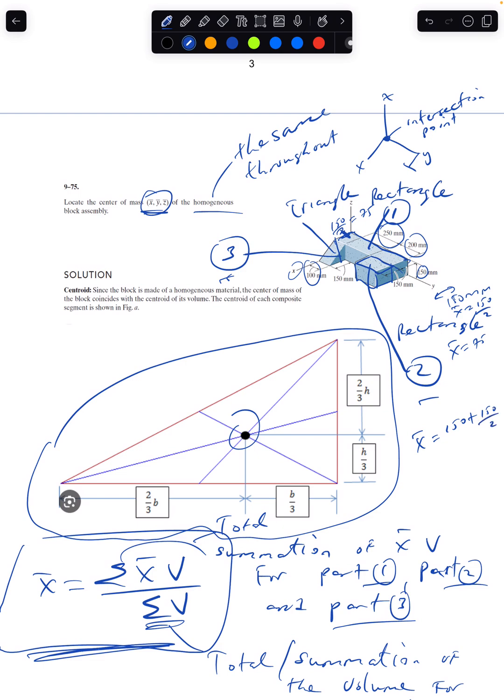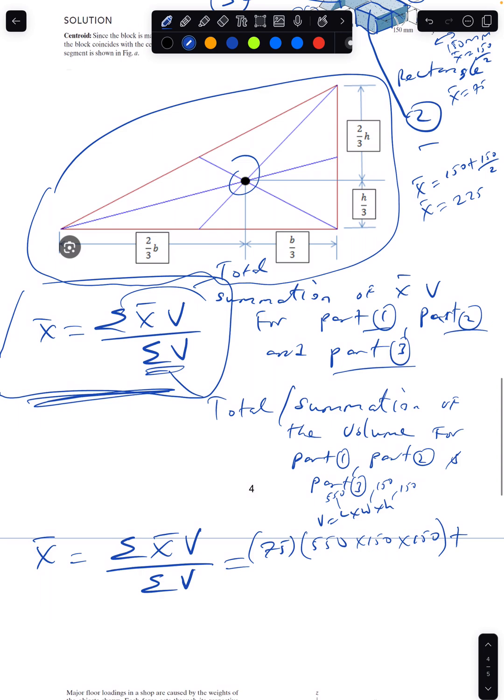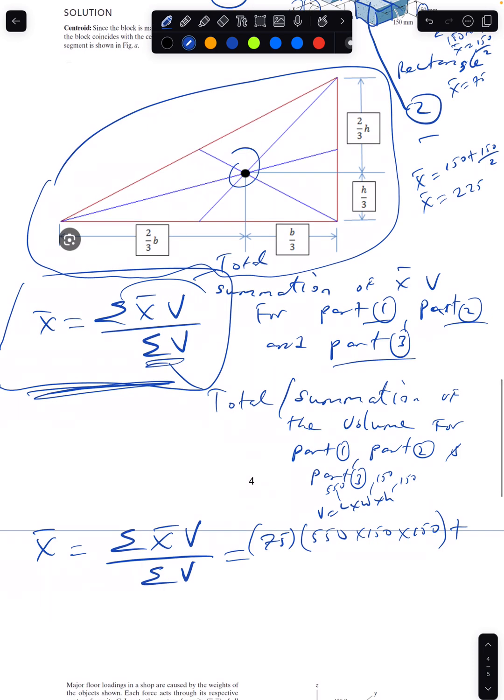Therefore, x bar for part 2 is going to be 225. That is x bar. So technically, for piece 2 or part 2, I have 225 as the x bar.